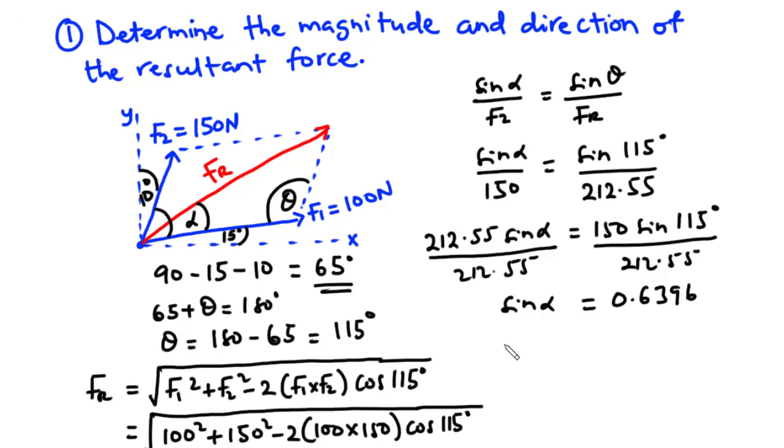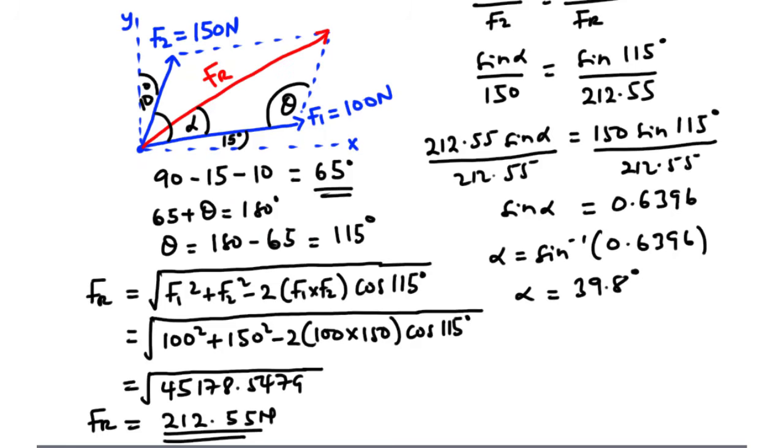So we need to take the sine inverse of 0.6396. So the sine inverse of 0.6396 is equal to 39.8 degrees.